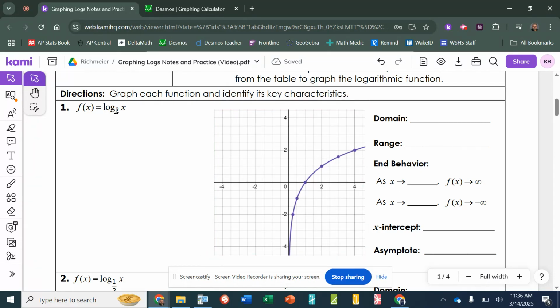So when I have a base greater than 1, right, if the base is greater than 1, so I'm going to make some notes here.